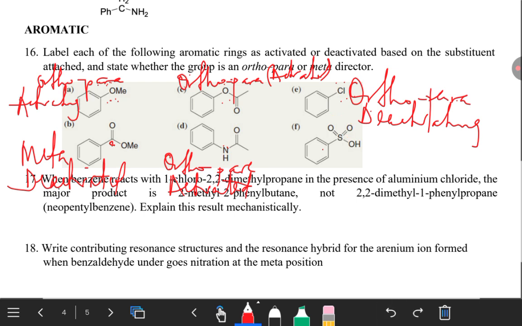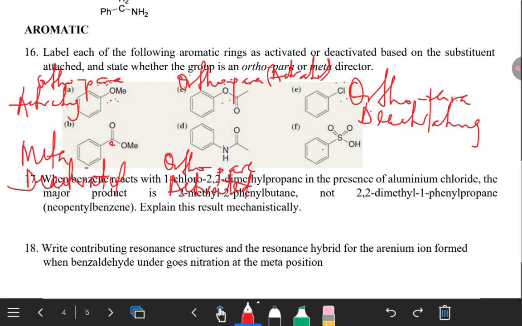We're counting just the sigma bonds, because we have 2 double bonds there. So it has 6 sigma bonds: 1 2 3 4 5 6. This sulfur does not have any lone pair of electrons. In this state, it has already been bonded to 6 different things, and all the electrons have been depleted.